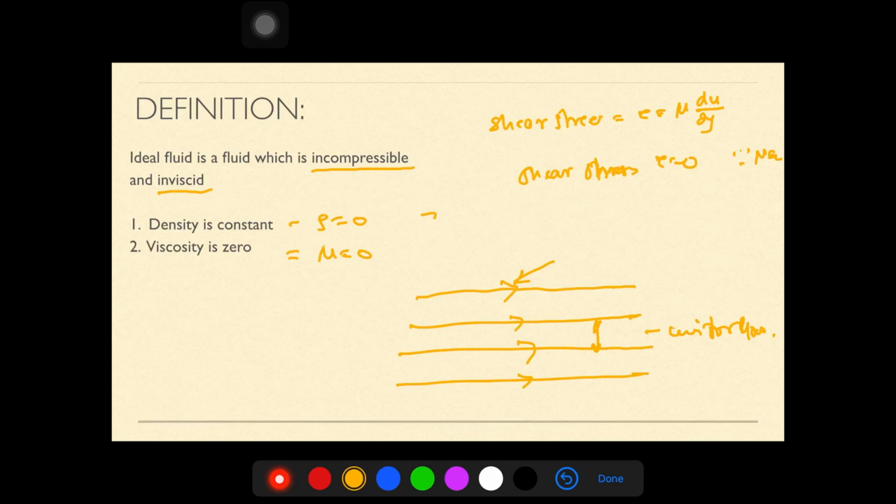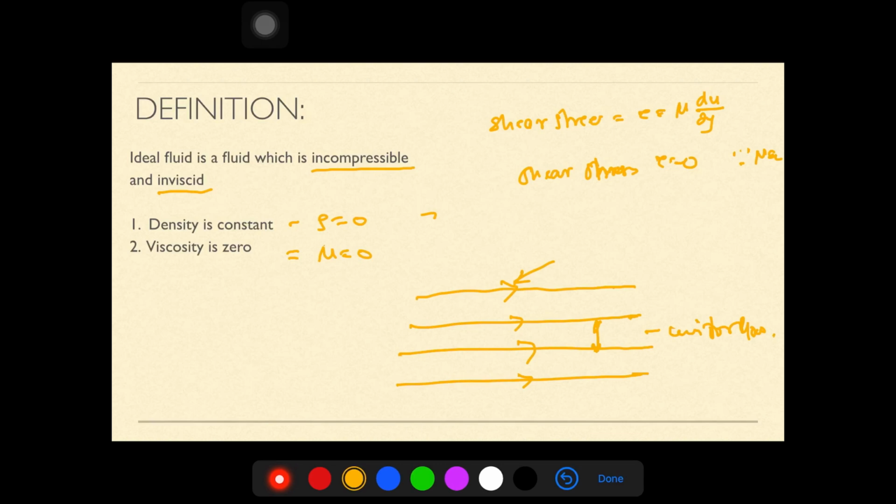And the velocity of each particle in this flow will be equal. There will not be any difference between any particles in the fluid while they are flowing from one side to another.